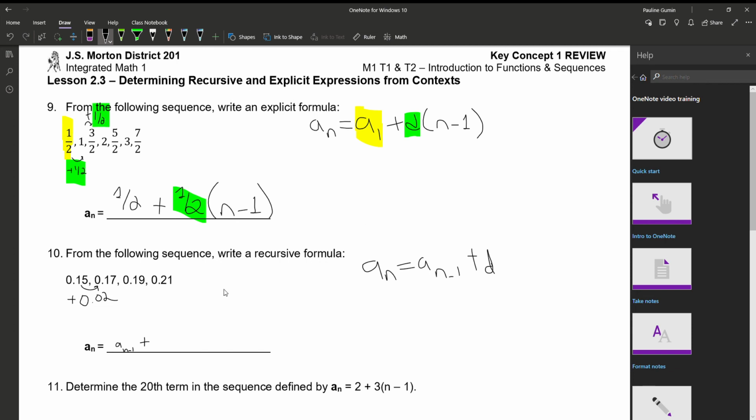Now, if you couldn't figure it out for number 9 or 10, remember, you can always find the common difference by doing the second term minus the first term. Just as a reminder. And same thing goes for this common difference. We can always do second term minus the first term.